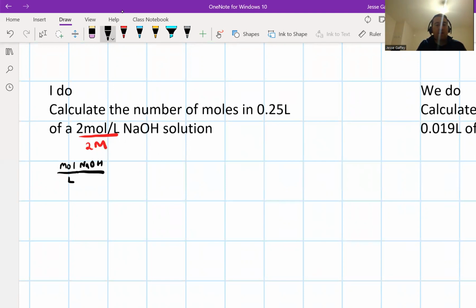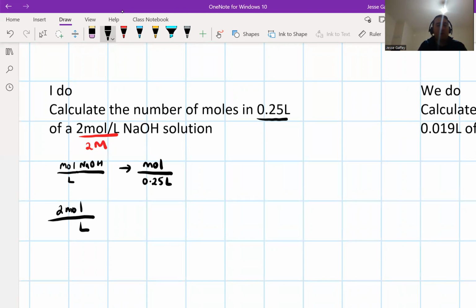And we want to find just how many moles are in 0.25 liters. Okay. So moles of NaOH per liter to moles of NaOH per 0.25 liters. All right. So what do we do here? Well, we write down that we've got 2 moles per liter, but we don't have a full liter.